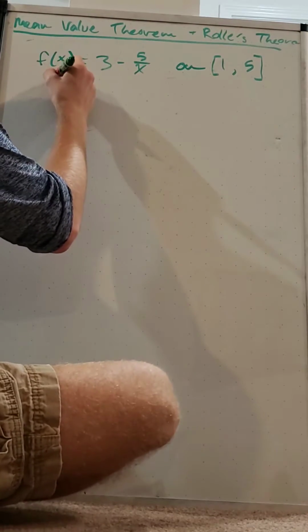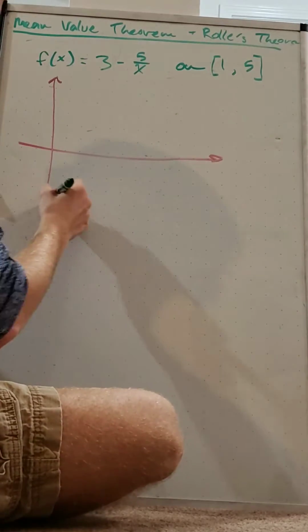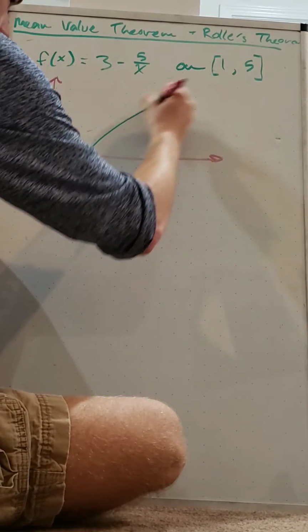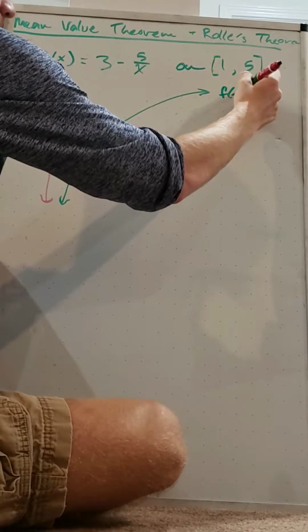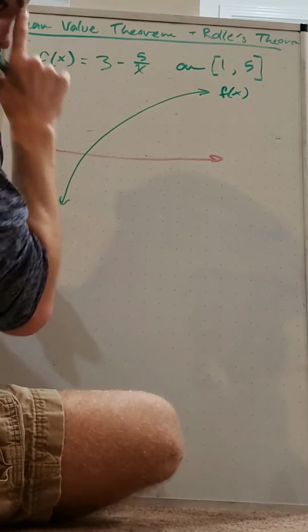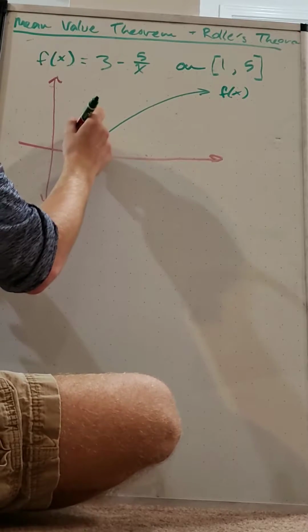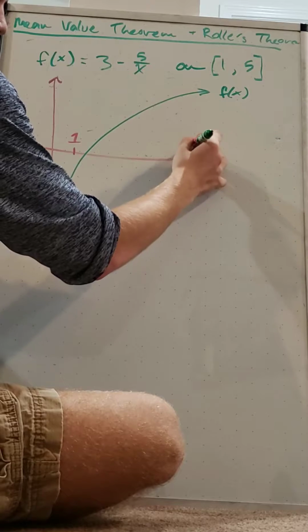So first let's graph it, right? And it's going to look something like this, kind of like that. That's our f of x. And we're looking at from x equals 1, which is right around here, to x equals 5, which is up here.